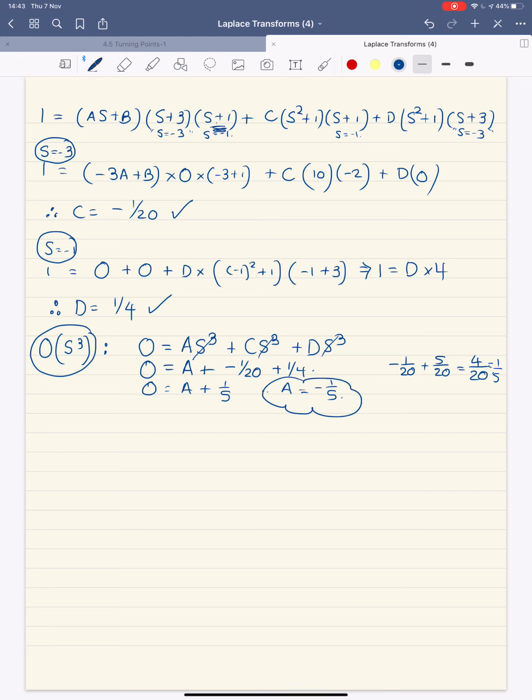So we've got A, we've got D, we've got C. Now we need to find B. Let's set S equal to 0.